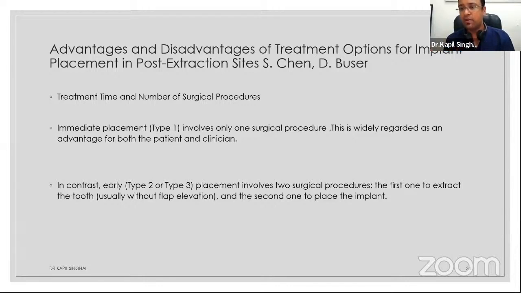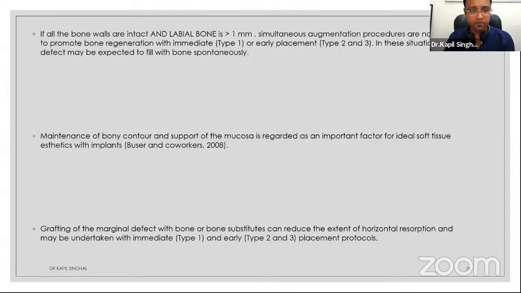If I am doing a type 1 implant placement, that is immediate, obviously the time is totally reduced. We can give a prosthesis to a patient within a period of 2.5 to 3 months, and the surgery required is just 1. And if you are going for a type 2 and type 3, the number of surgeries involved is 2, and the time period also increases to a longer period as compared to type 1.